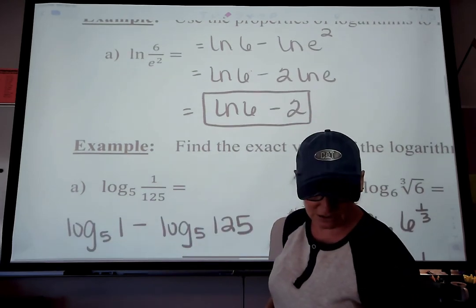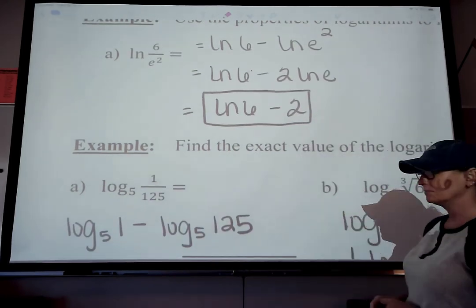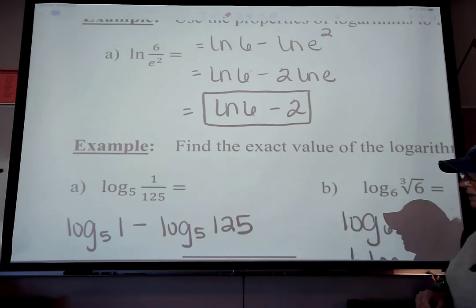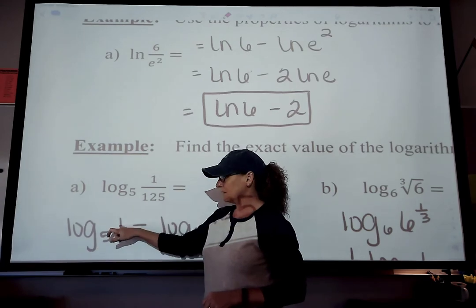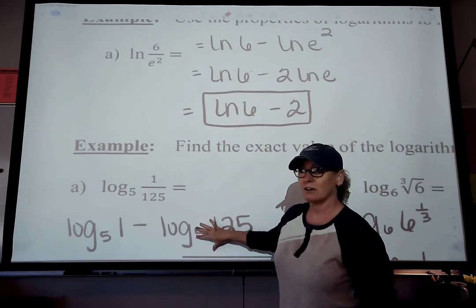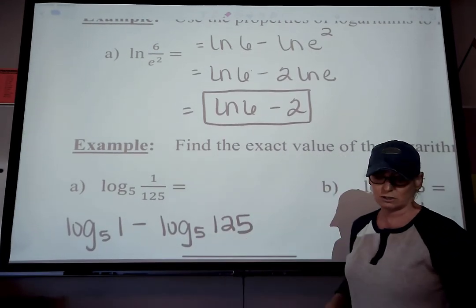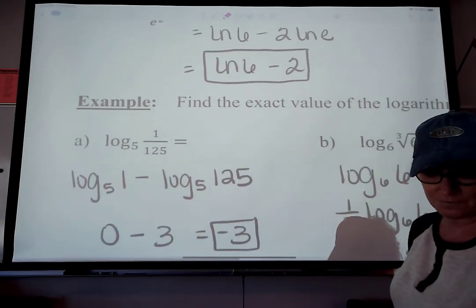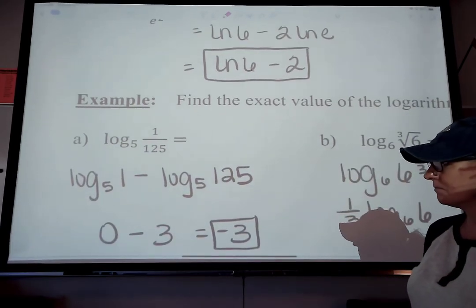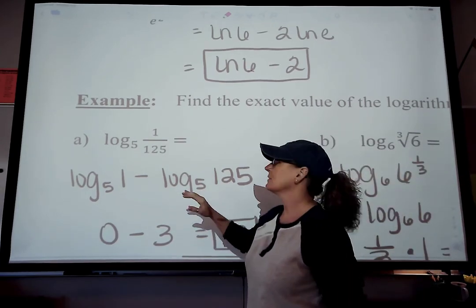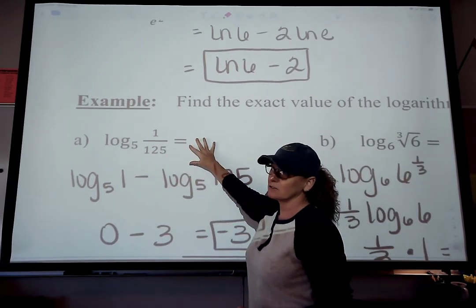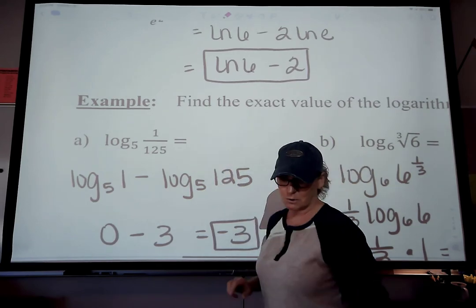I'll separate it into 2 using subtraction. Expanded it. You all can evaluate this one. 5 to the what is 1. And you all can evaluate this one. 5 to the what is 125. And I know, some of you might have been able to figure out the answer up here on your own. That's okay.